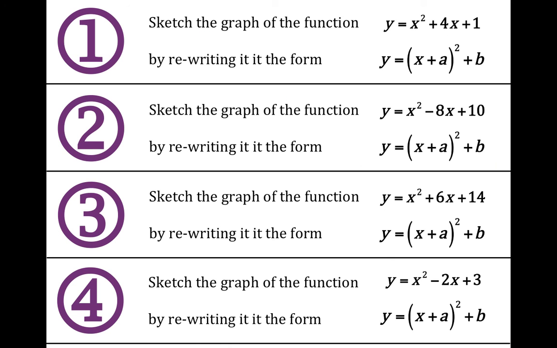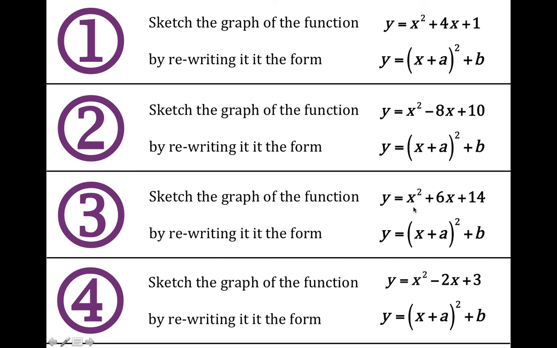So here are some questions that you can try. It's all basically the same question, but with different numbers that cause the graph to shift in different directions. The first one is you have to try to sketch the graph of y equals x squared plus 4x plus 1. Second one, you have to try and sketch the graph of y equals x squared minus 8x plus 10.